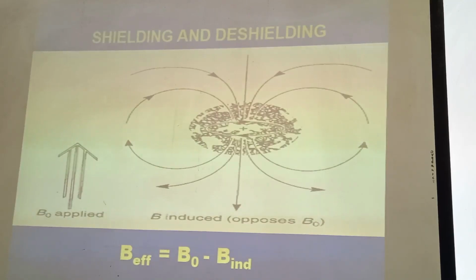And then we know if we have these three different types of hydrogens, one that is attached to carbon, the other attached to oxygen, the other attached to nitrogen, and they have different B effectives, different Larmor frequencies, different resonance frequencies. From that resonance frequency, we can differentiate that this hydrogen is attached to carbon, this is attached to oxygen, this is attached to nitrogen.